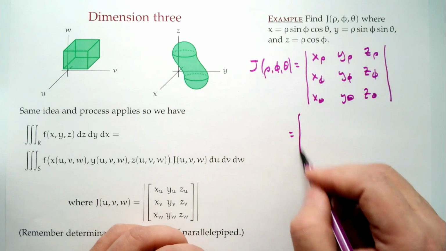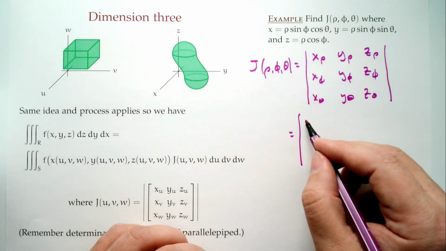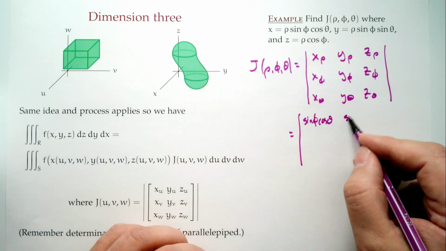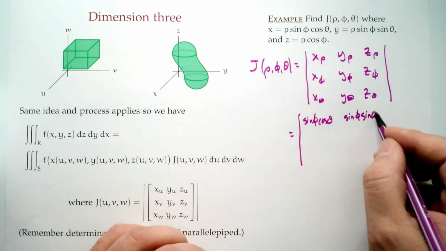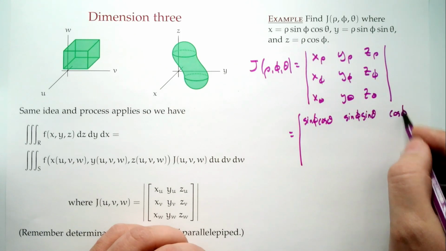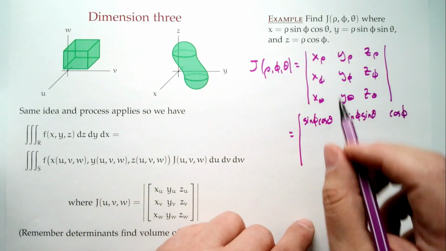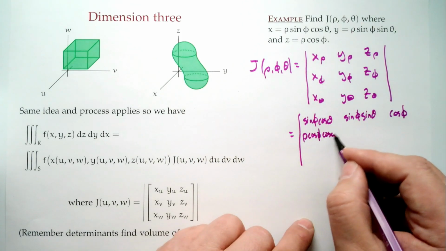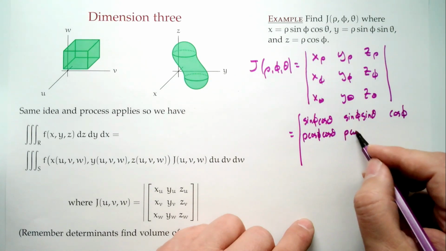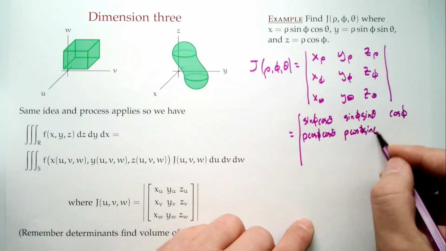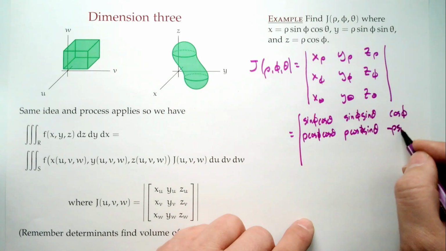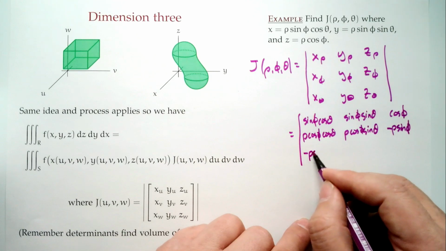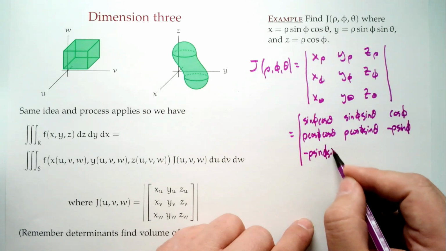If you work this out, x with respect to rho is sine phi cosine theta. y with respect to rho is sine phi sine theta. And z with respect to rho is cosine phi. Then you come down and take it with respect to phi. You get rho cosine phi cosine theta, then rho cosine phi sine theta, and then minus rho sine phi. And then you take it with respect to theta, you get minus rho sine phi sine theta.